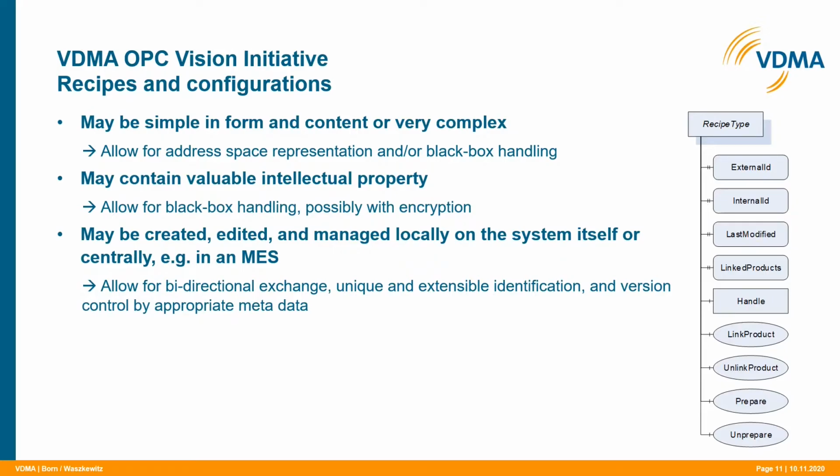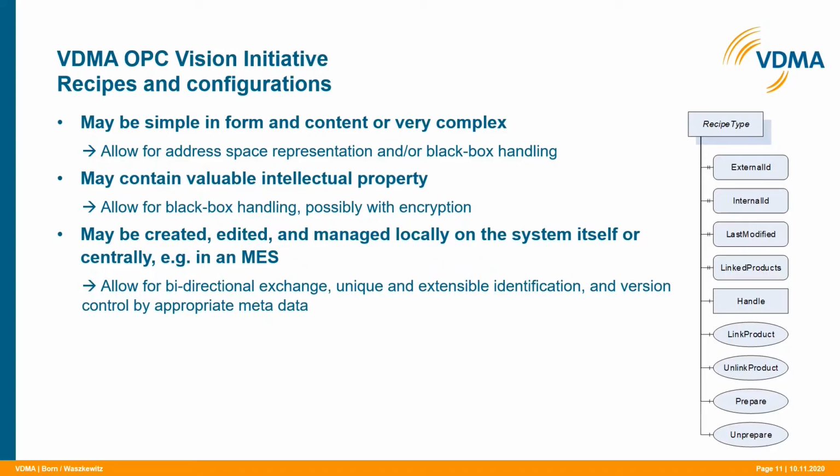Also, they may constitute valuable intellectual property of the machine vision system vendors, which they might not want to put into the OPC UA server address space openly, in which case a black box representation is called for anyway. However, there is the need to manage recipes and configurations not only locally on the vision system, but also centrally, for example in an MES, and this requires appropriate metadata to identify and handle recipe and configuration data.